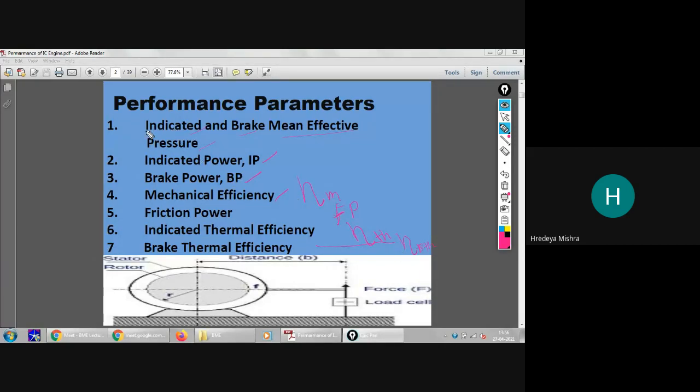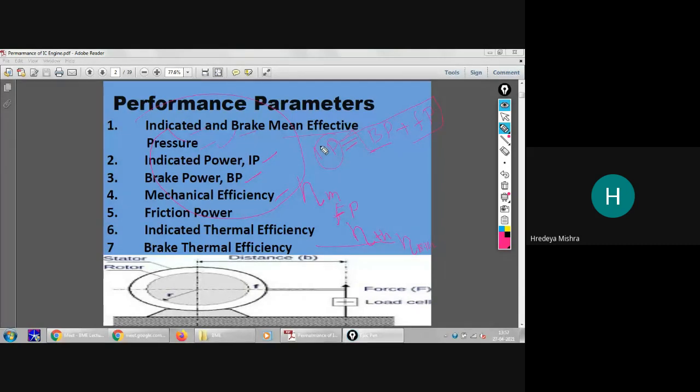These are the performance parameters which we have to calculate, or we have to know how they are calculated. Indicated and brake mean pressure must be calculated. Indicated power: IP equals BP plus FP. Whatever the brake power and the frictional losses are, that is your IP.